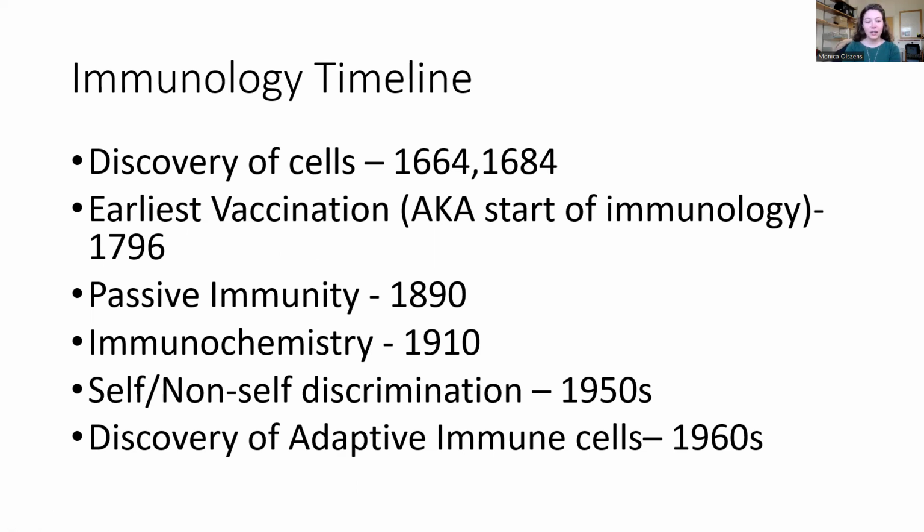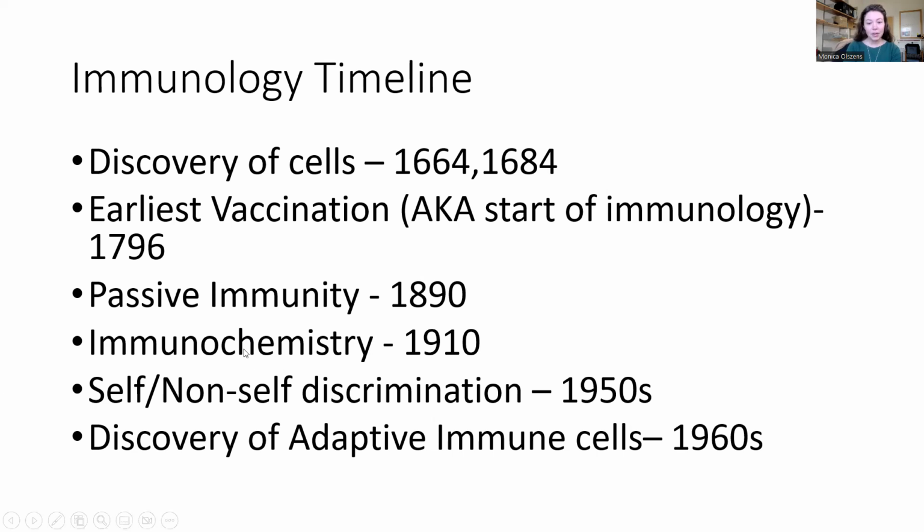Most people think that around 1796, the creation of the smallpox vaccine was the earliest start of immunology. Then we'll talk about passive immunity. That's actually being used still fairly often as a COVID treatment. So if you know anybody who went and got monoclonal antibodies, that's passive immunity. Anytime a baby is breastfeeding, that's passive immunity too.